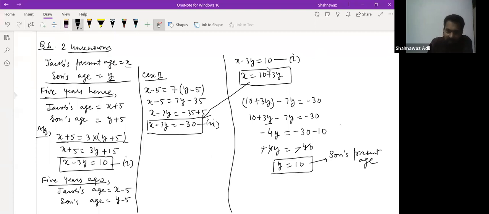And what will be his father's age? So father's age will be 10 plus 3 into 10, so this is 10 plus 30, which is 40 years. So this is the father's age.